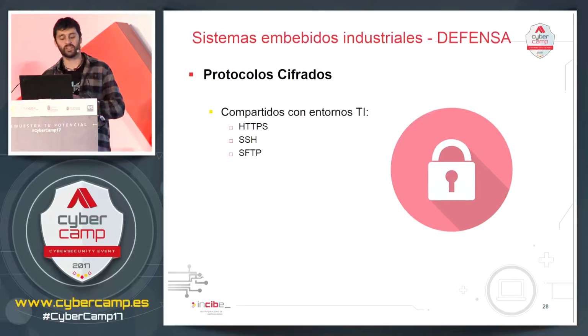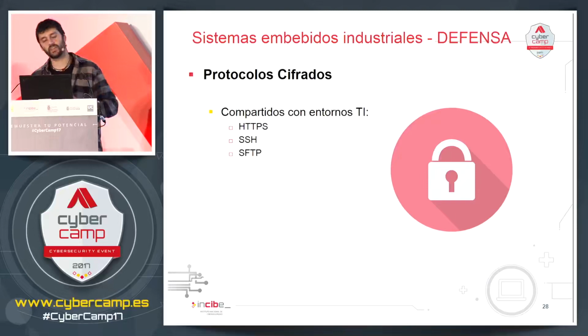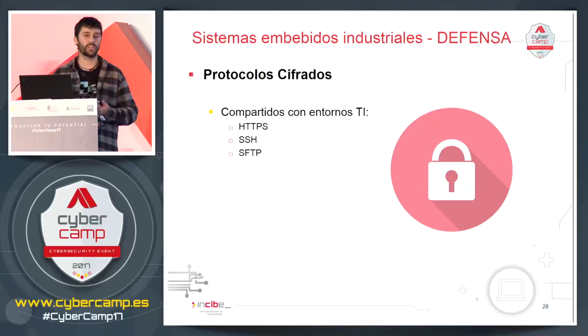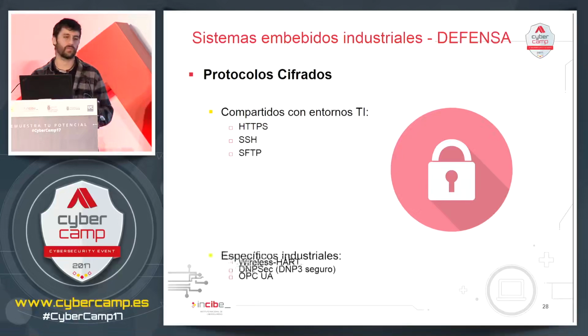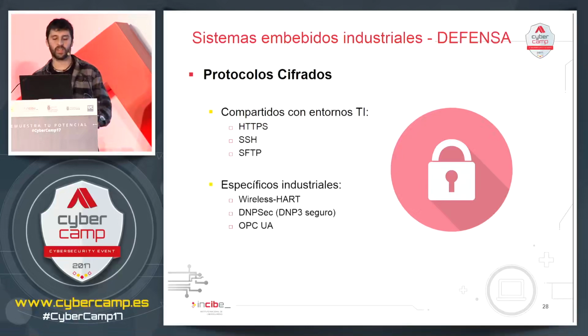We can try to turn these protocols into secured encrypted protocols, whether they are HTTPS, SSH, or SFTP. That depends a little bit on the system we're working on, the hardware characteristics of the system, because sometimes it's impossible.